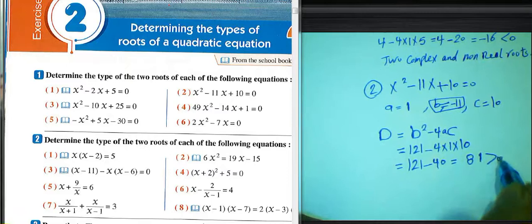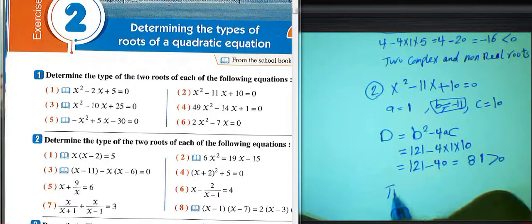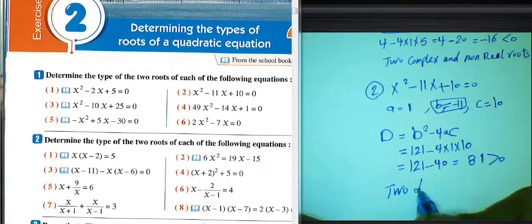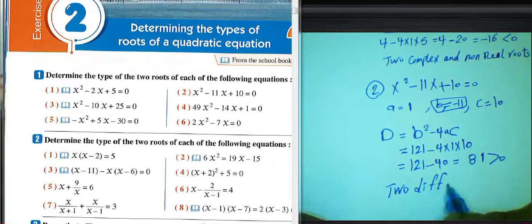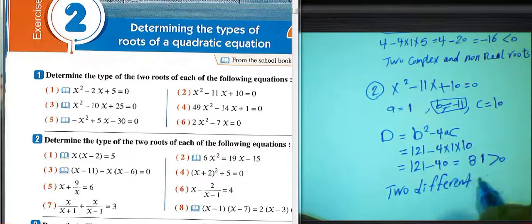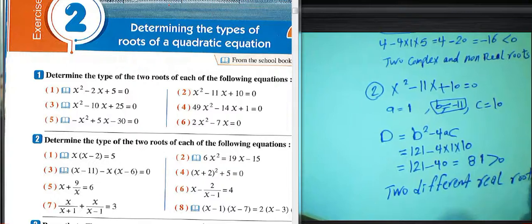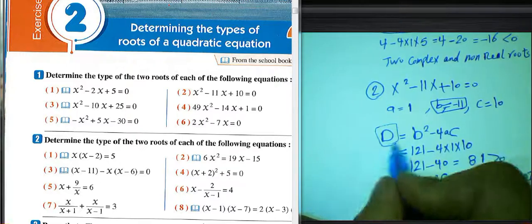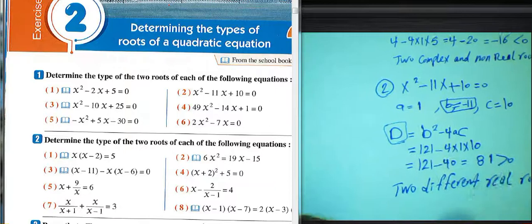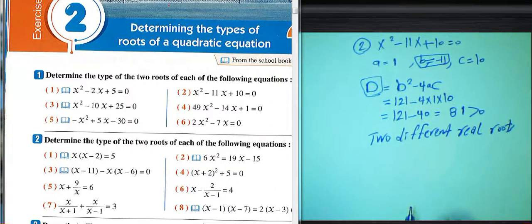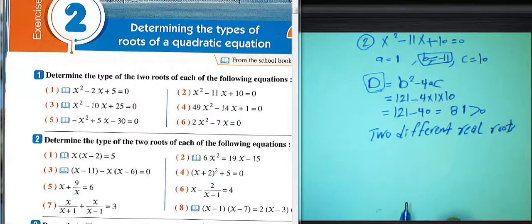81 is more than 0. So we have two different real roots, because the discriminant is more than 0. So we have two different real roots.